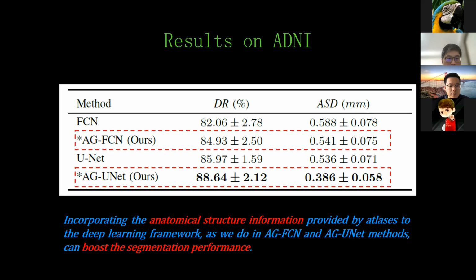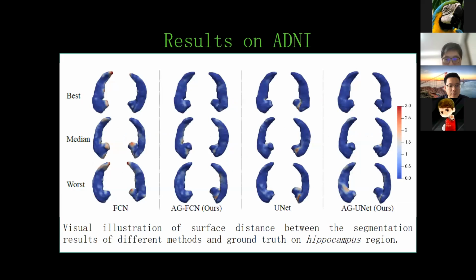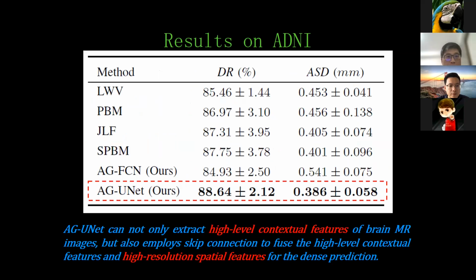Here we can see that by incorporating the anatomical structure information provided by the atlas into the deep learning framework, we can boost the segmentation performance. And this is the visual illustration.